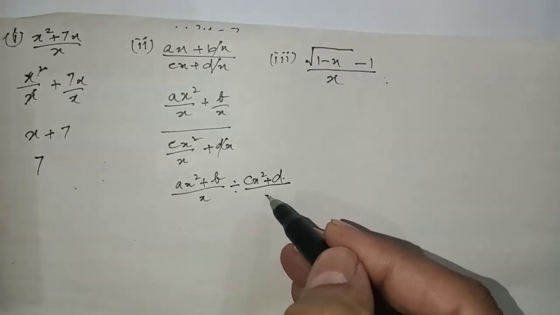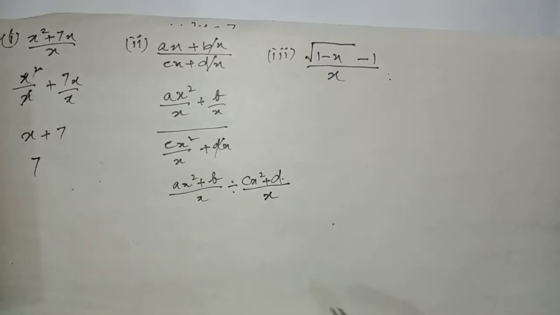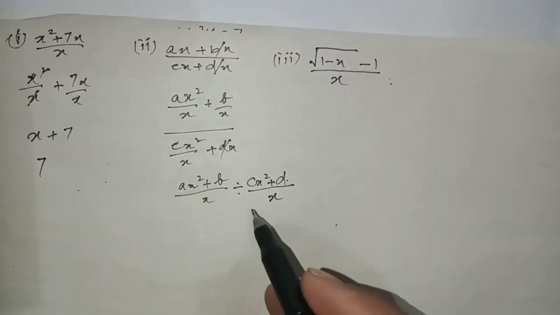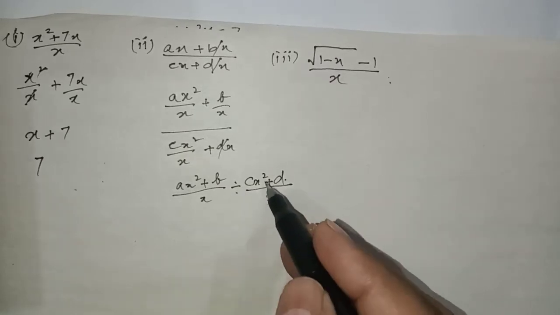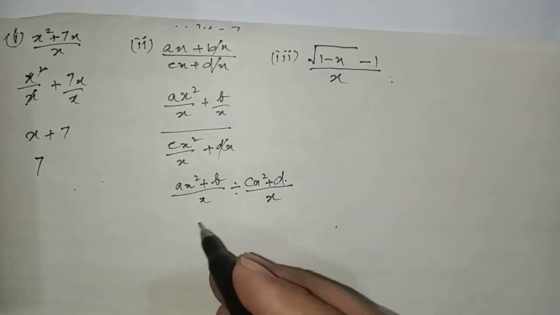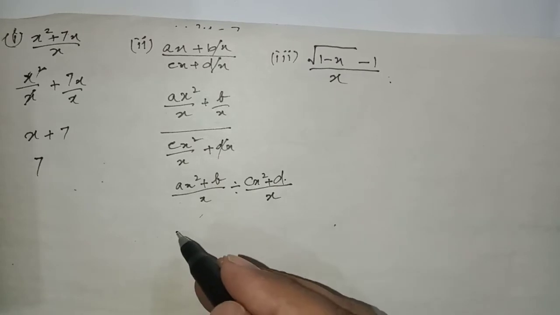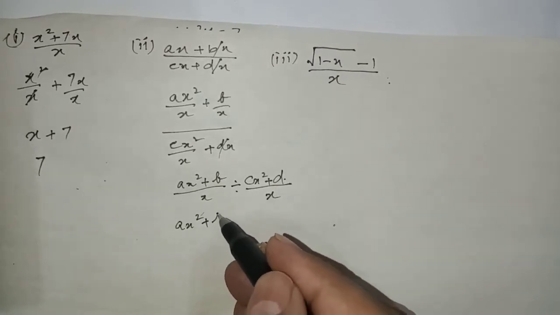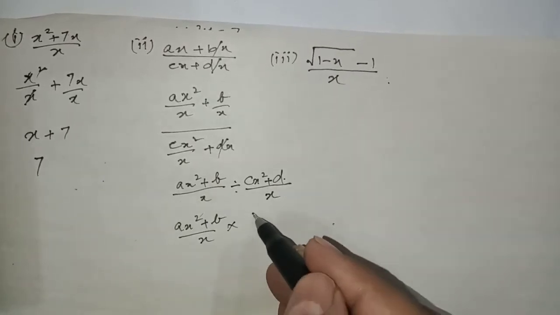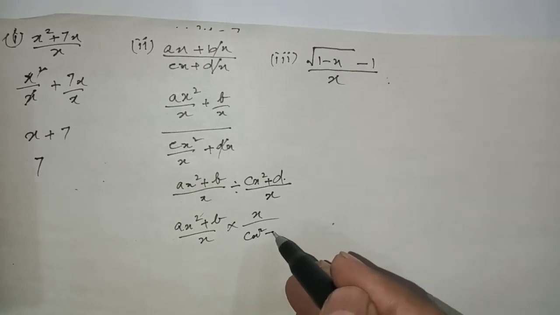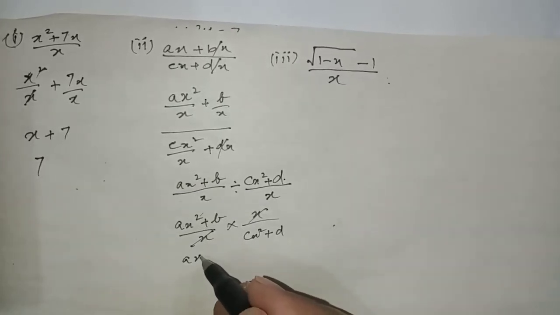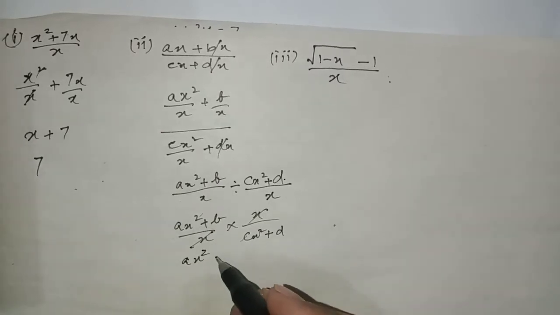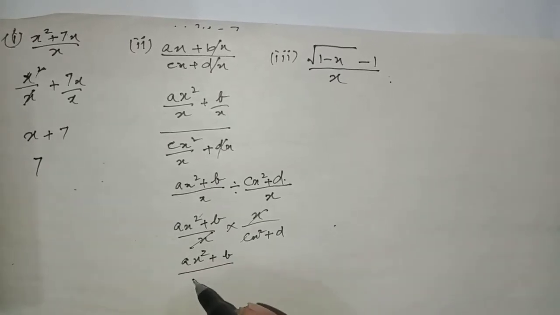As a single denominator, I have noted the two values. Now I will change this division into multiplication, and I will reciprocate this part of the equation. So I will get (ax square plus b) upon x multiplied by x upon (cx square plus d). On simplification of x, the simplified form of the given question will be (ax square plus b) upon (cx square plus d).